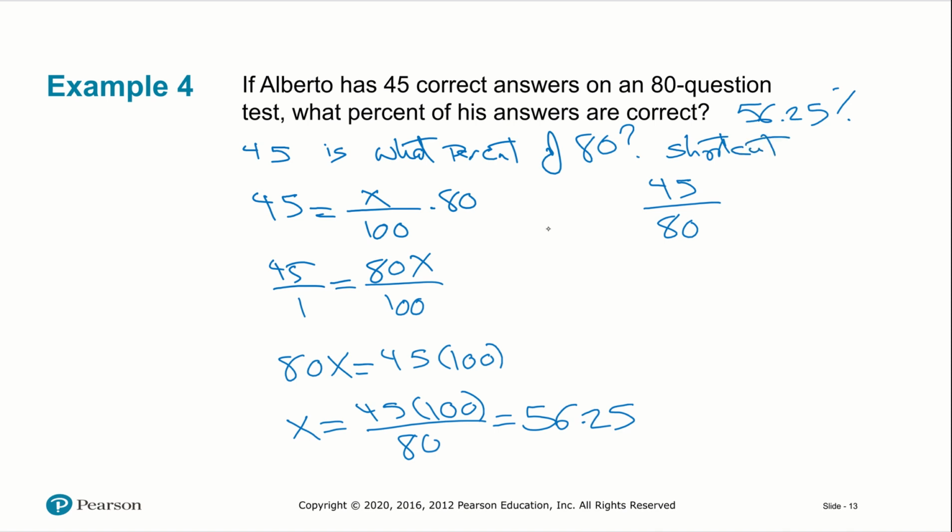All right, so 45 over 80. Now, however, notice that when you do that, you're going to get what decimal part of 80 is 45. So since we want to give the answer in percent form, just go ahead and multiply that by 100%. And now your answer will be in the proper format as well.